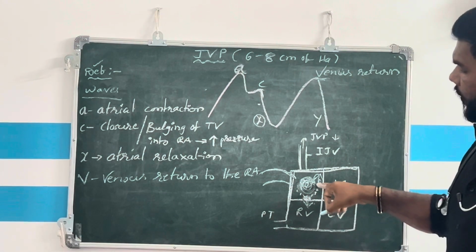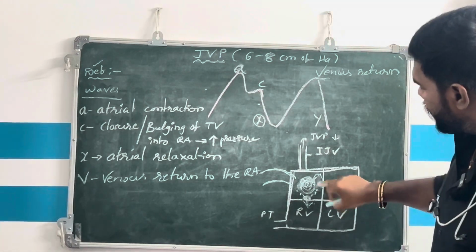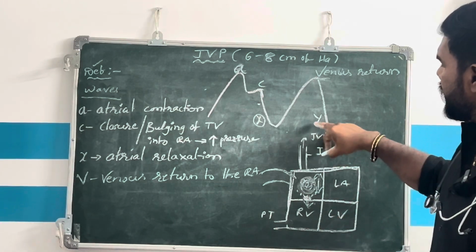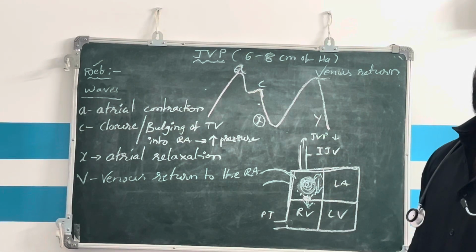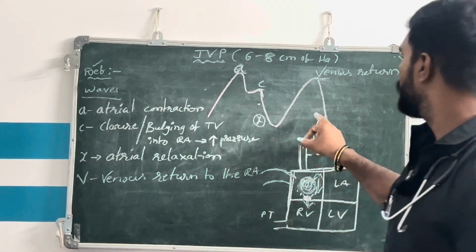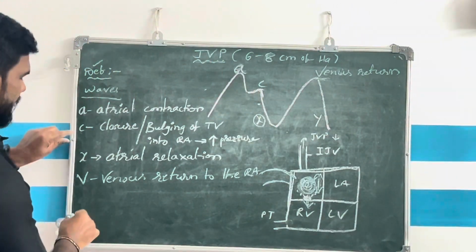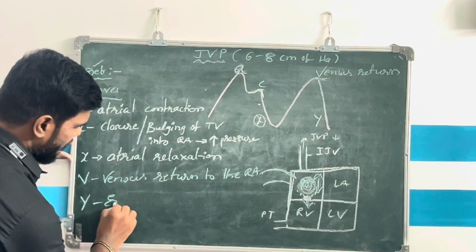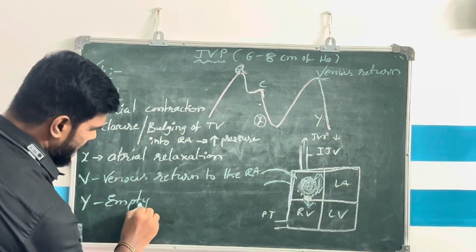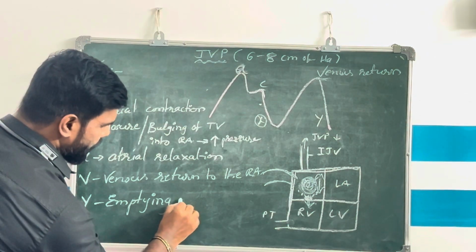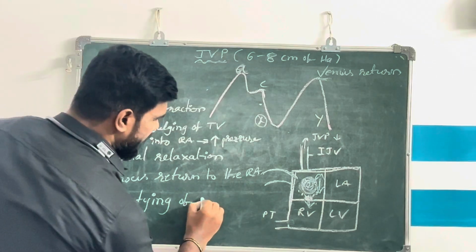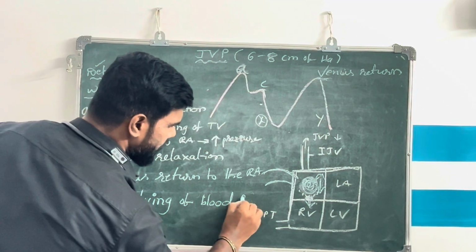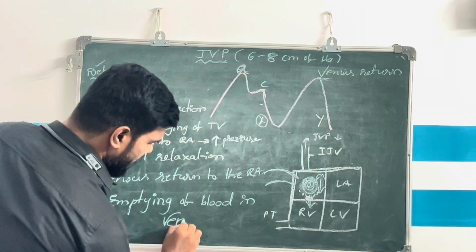At the same time, the pressure is also decreased. Automatically it leads to a decrease in the JVP, jugular venous pressure. So Y descent indicates emptying of blood, atrial blood into ventricles.